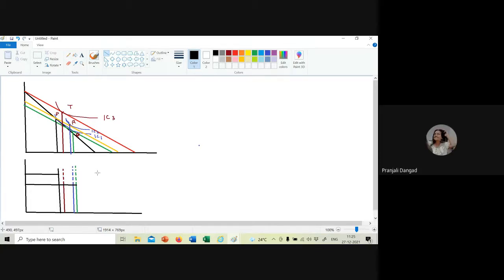Ma'am, why is R to the left of Q? I told you we have to understand why Hicks substitution effect is stronger than Slutsky one in case of inferior goods, whereas in case of normal goods, Slutsky substitution effect is stronger than Hicks. Let's first complete this part. This we will discuss after this.